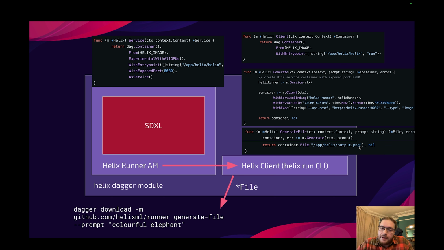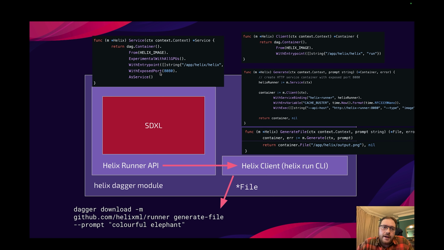And then, what does the client do? What does this generate method do? It says, I'm going to need the Helix runner, which is the service, so make sure that one of these things is running. The way I think about it is that it's running on the same Docker network almost, although I know it's not actually running inside Docker. But conceptually, it's a lot like Docker networking.